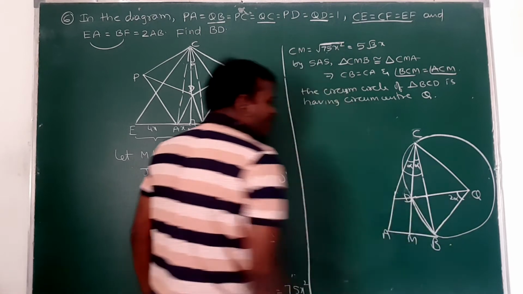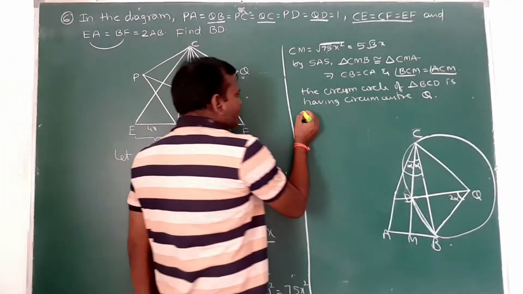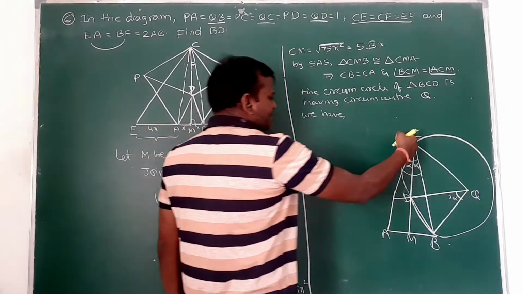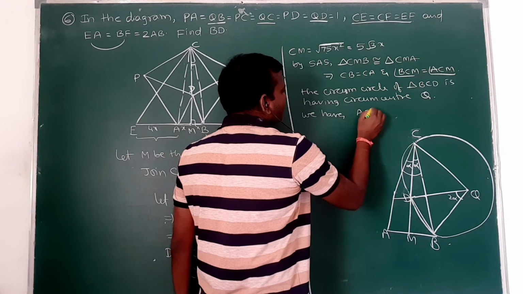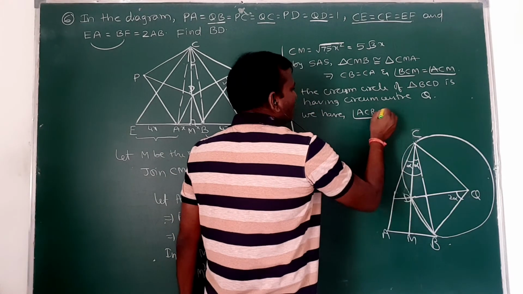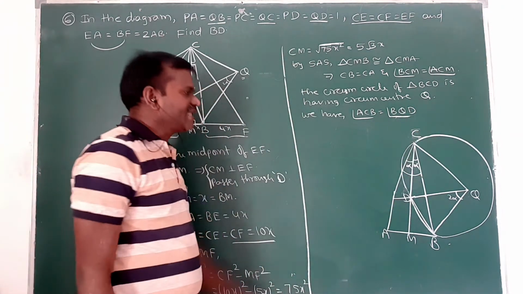From the circle property, I am writing that angle property here: angle ACB is equal to angle BQD, by this property.